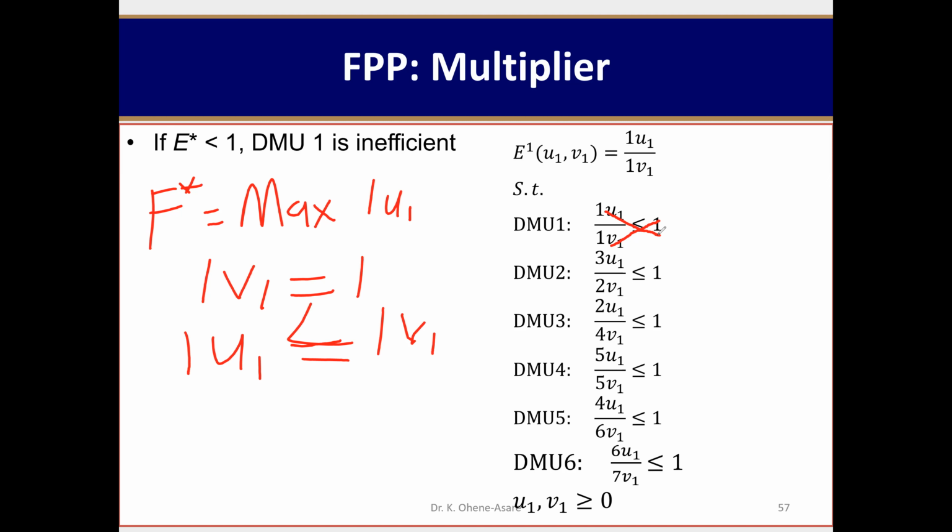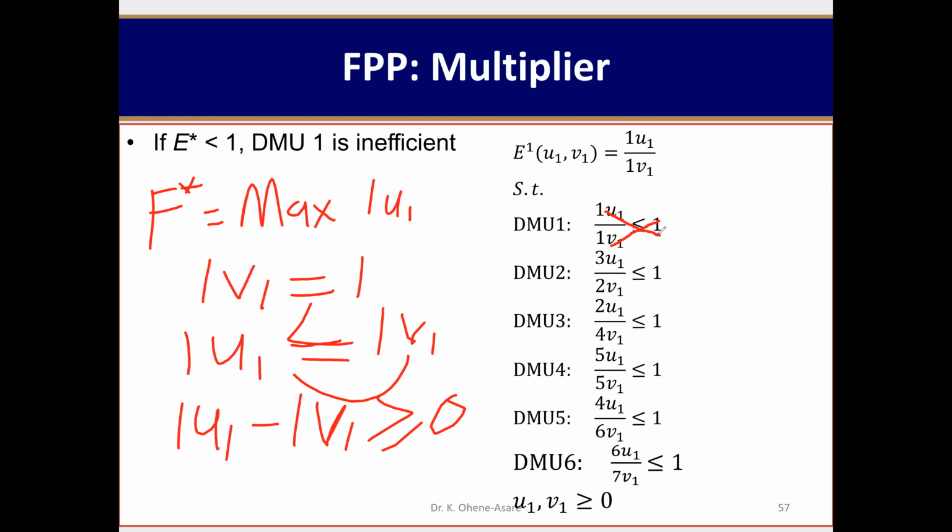And when you move this one to this side, it's like multiplying through by negative 1v1. So that would mean that you're going to have 1u1 minus 1v1, but because you have applied a negative, greater than or equal to 0.